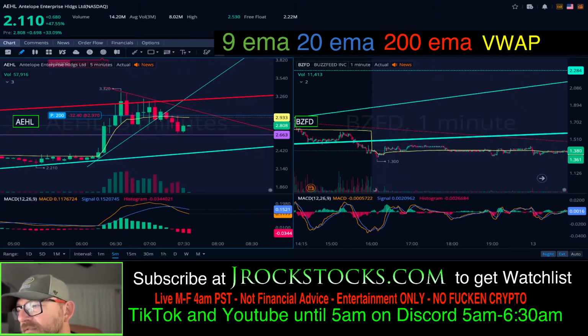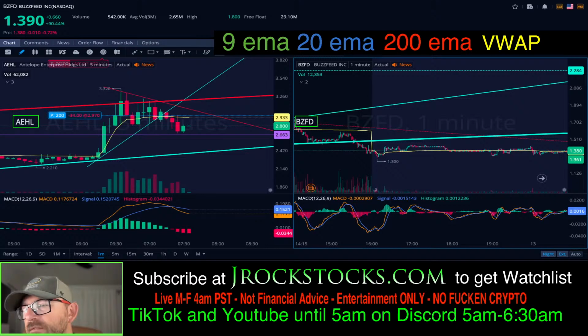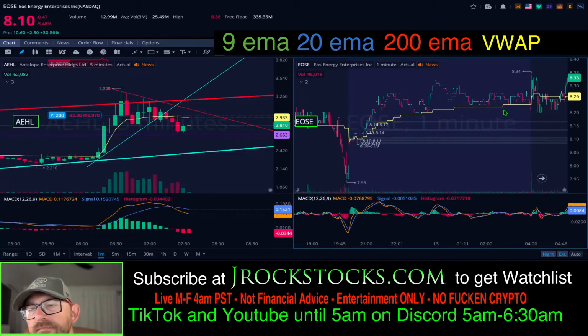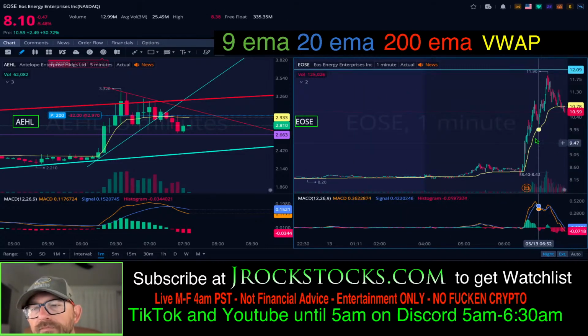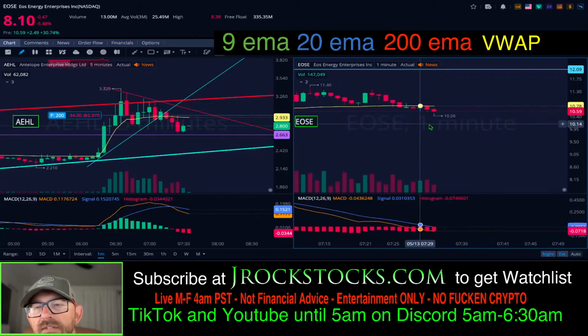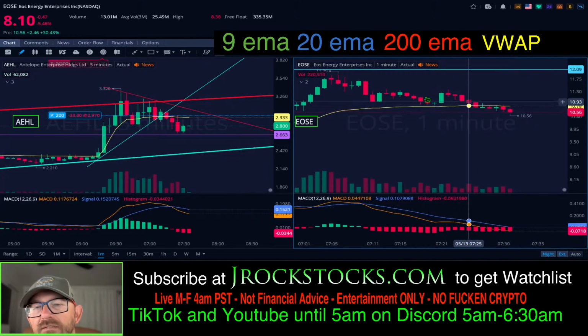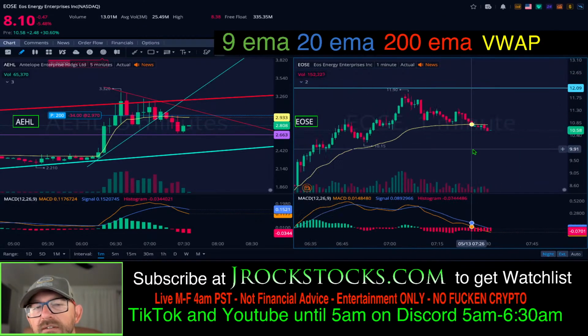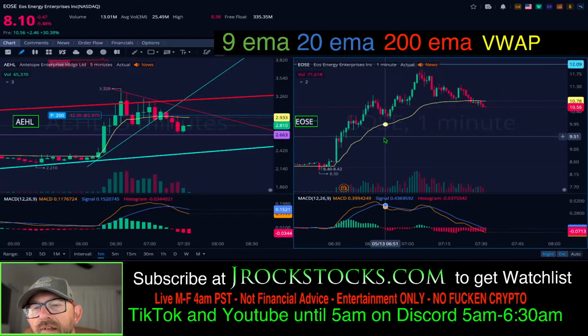DXF coming back down, 68 cents. EOSE, 10.61. So it did come down to that 10.61. Let's put that over here. So there's that volume weighted average price I told you guys it was going to come back down to, and there it is. Came down to it.